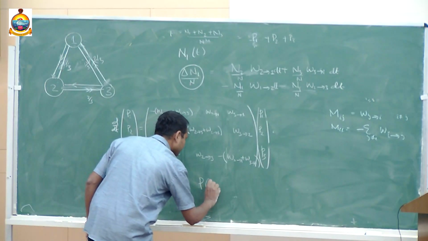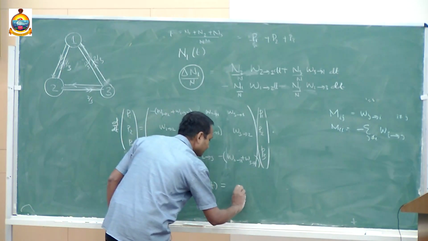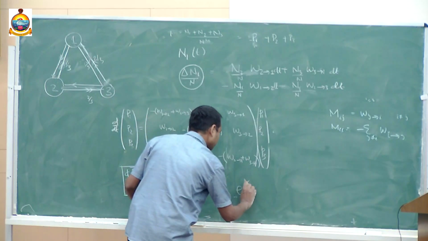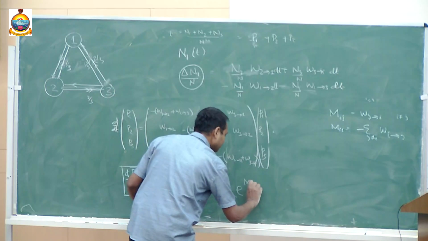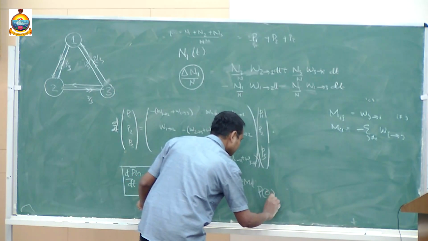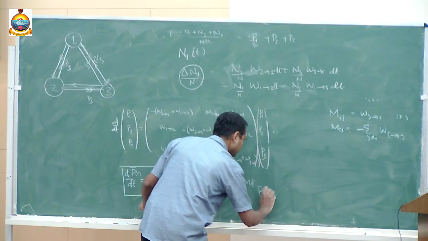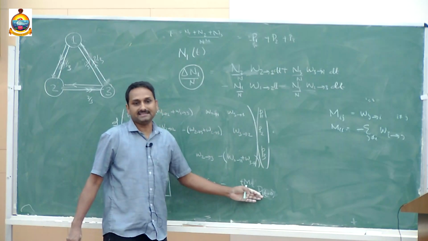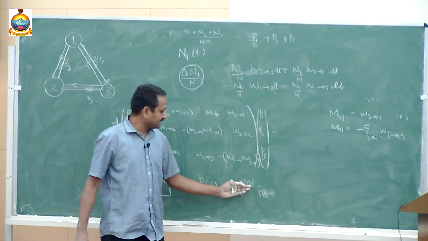So the solution is p of t equal to e to the power Mt times p of 0, p at t equal to 0. If you know p at t equal to 0, you just get this.